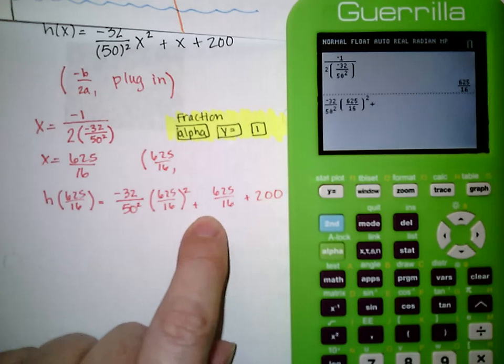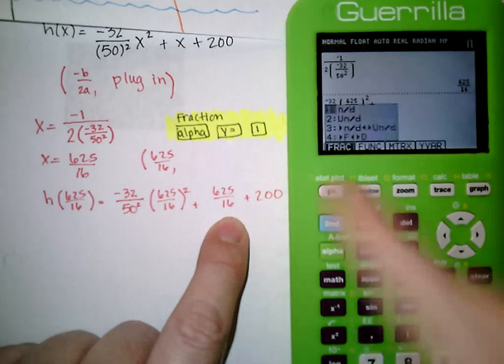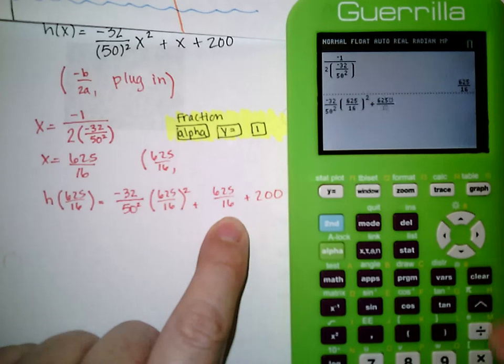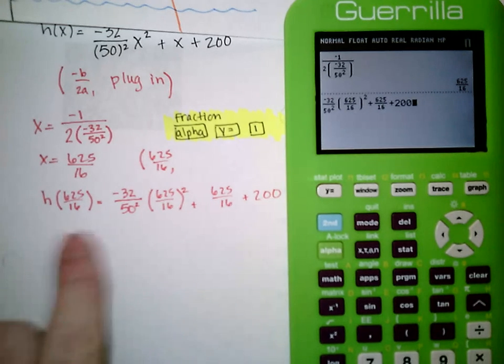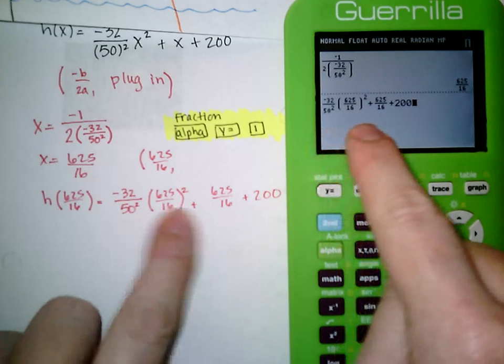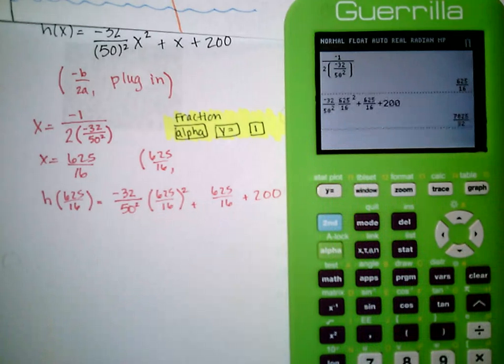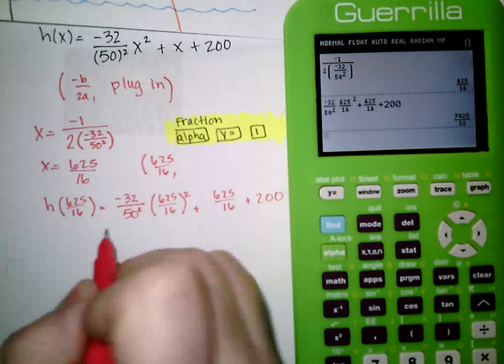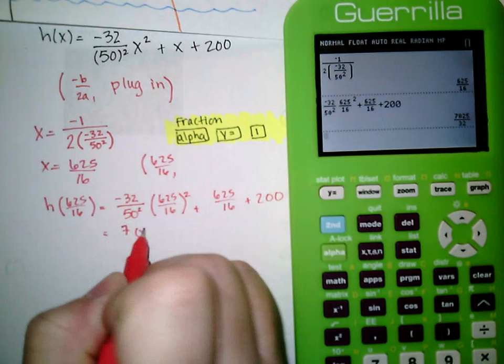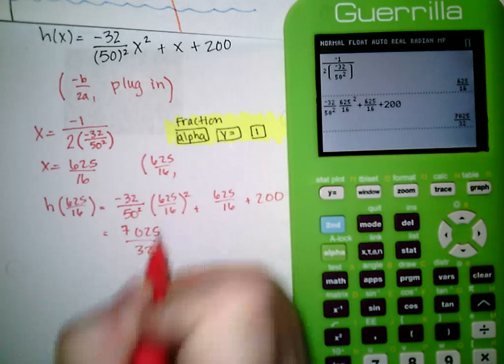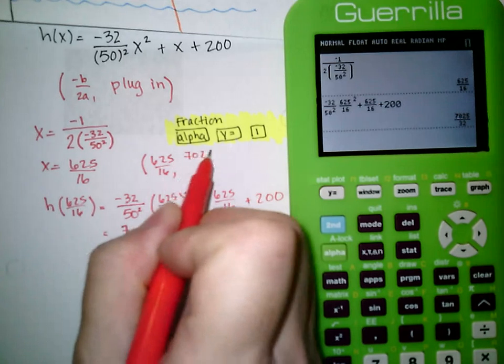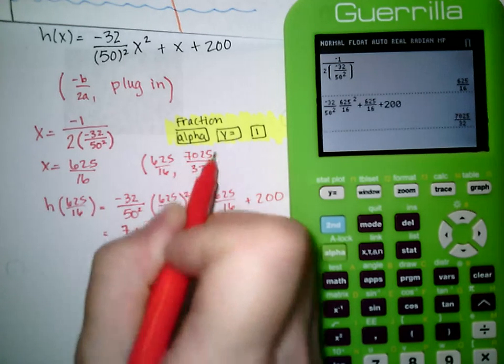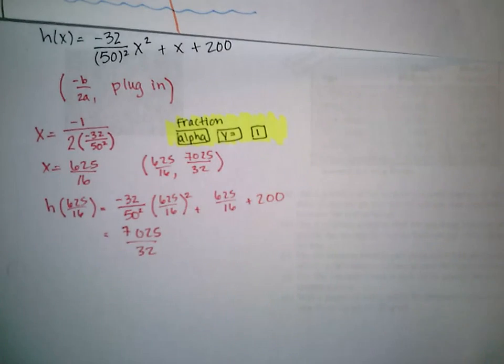Then we need to add our fraction again, alpha y equals 625 in the numerator, 16 in the denominator, and then plus 200. And once our calculator screen looks like what we have on our paper, hit enter, and that's going to give us 7,025 over 32. So that's the y coordinate of our vertex, which is going to be the maximum height that the projectile reaches above water.